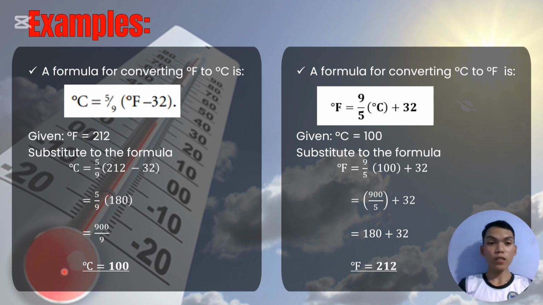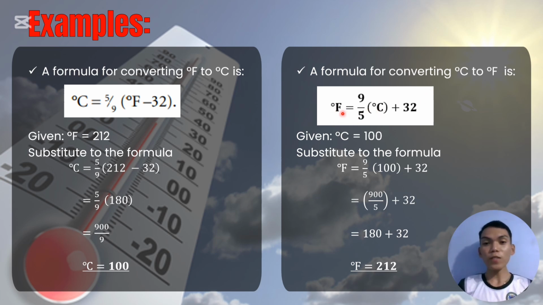So the answer we get from converting degrees Fahrenheit to degrees Celsius is 100. So let's move to our second example, for converting degrees Celsius to degrees Fahrenheit. Our formula here is degrees Fahrenheit, since Fahrenheit ang ato gihanap.